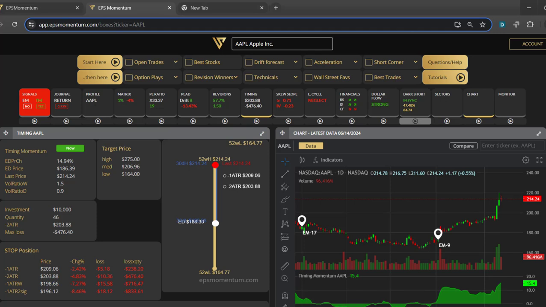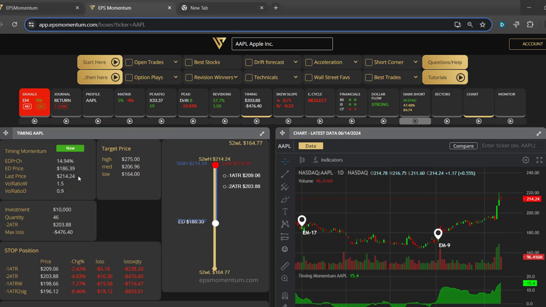Once you've assessed this, you have very important metrics here. First, the stock price at the earning day. ED is earning day, so the stock price on the day of earning, and also the change since then. So it's up 14, almost 15% since the earning day.